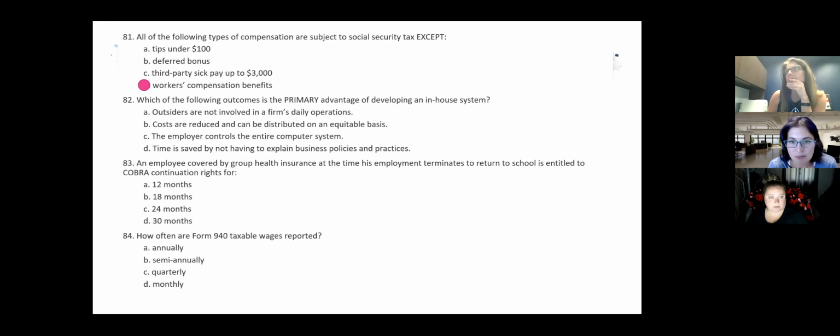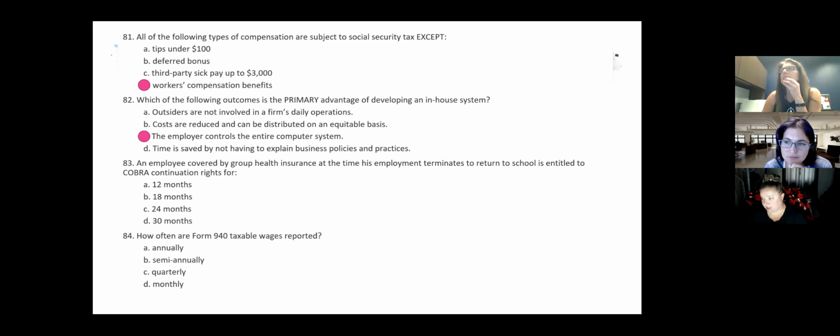Which of the following outcomes is the primary advantage of developing an in-house system? Yeah, the employer controls the entire system.